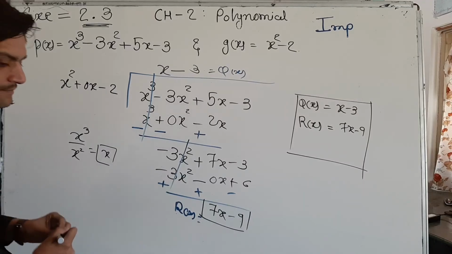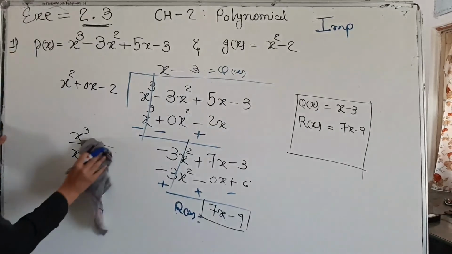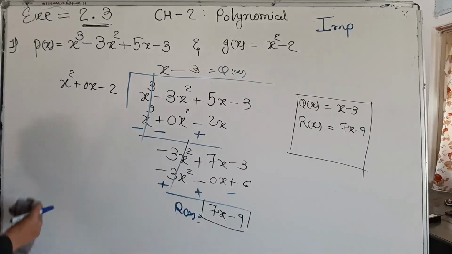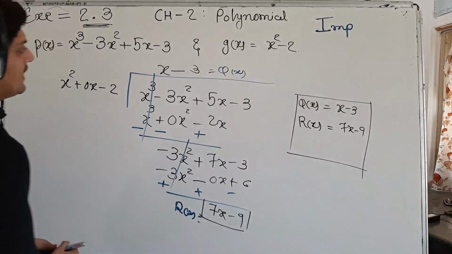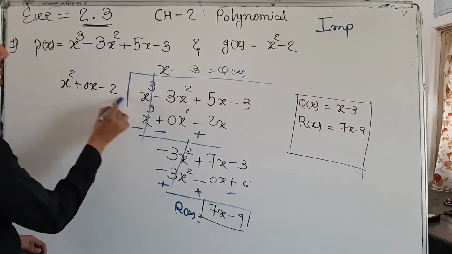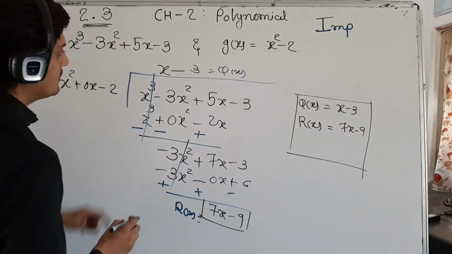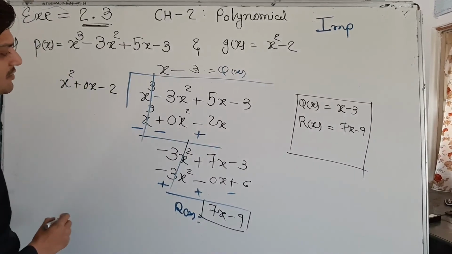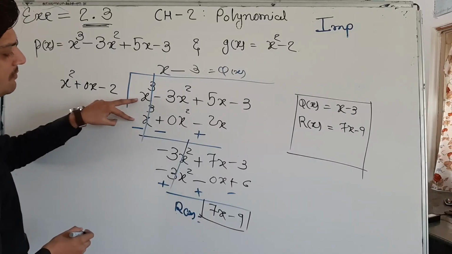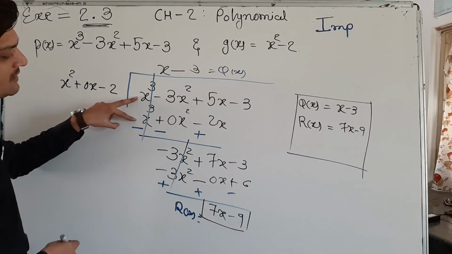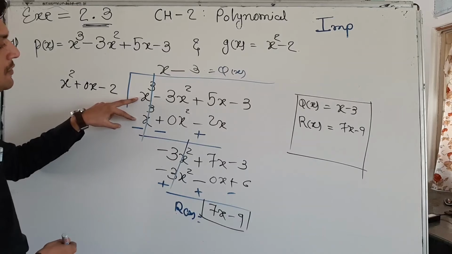And with that x, all these terms you have to multiply. So x into x square is x cube. See, this first term must remain the same. Why? Because we have to cancel it.